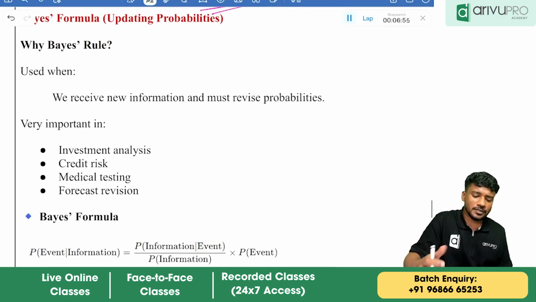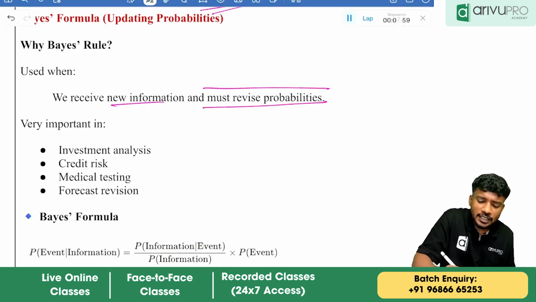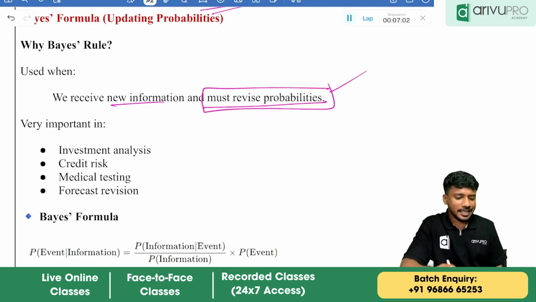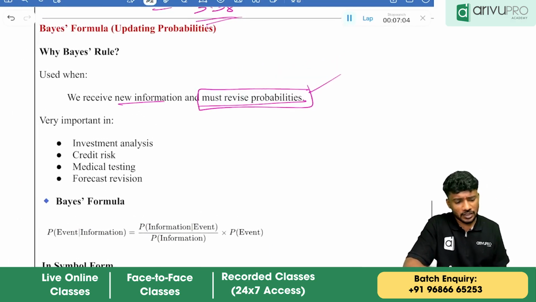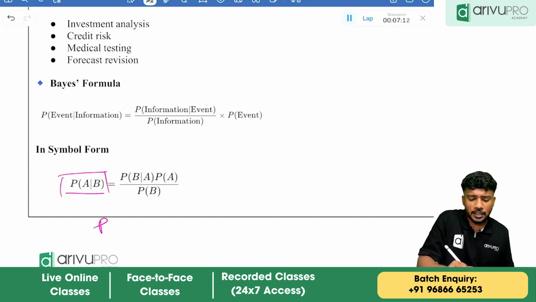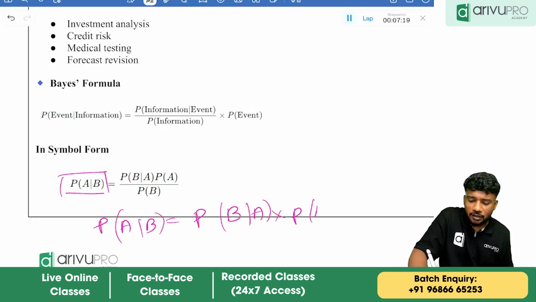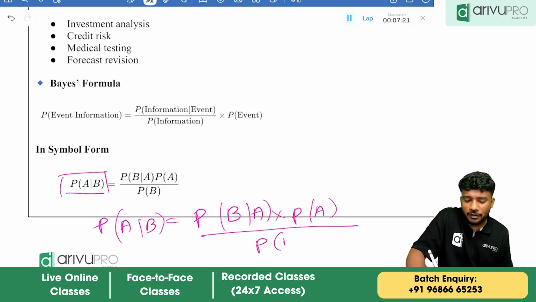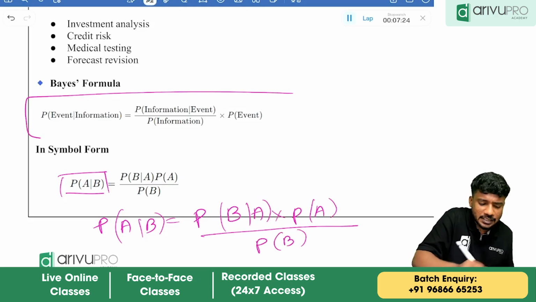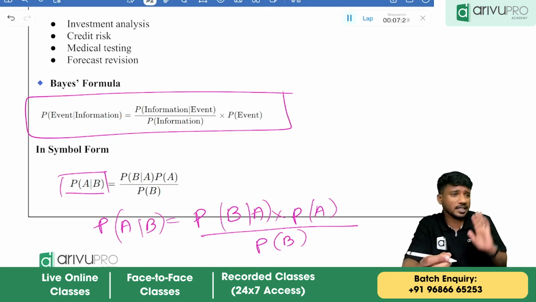Bayes theorem is used when we receive new information and must revise the given probabilities. That's when we use Bayes rule or Bayes theorem. There are multiple formulas for Bayes theorem. For example, P of A given B can be found using P of B given A into P of A divided by P of B. In general we will not use the formula, we will use the logic and get the answer.